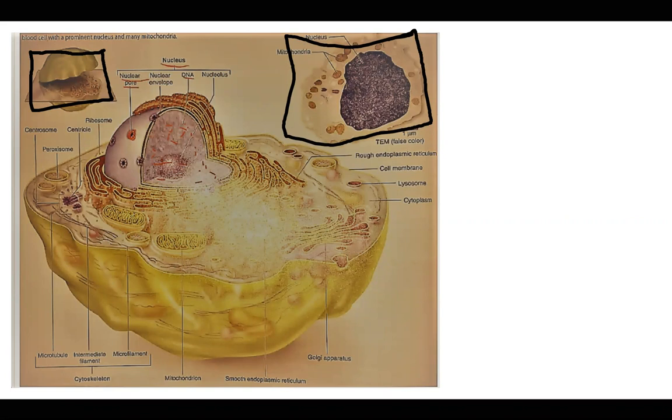An animal cell's main organelle, in my opinion, is the nucleus. This purple ball you see in the middle is the nucleus. The nucleus is the brain of the cell, so it holds the main genetic material.